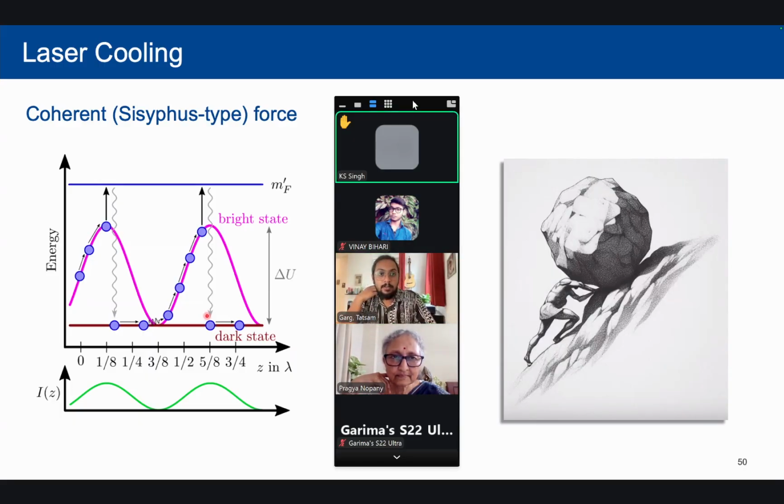Something like a limit imposed by the uncertainty principle? No, not necessarily. The uncertainty principle imposes a limit on you measuring two quantities simultaneously. It does not impose a limit on you fixing one quantity, right?